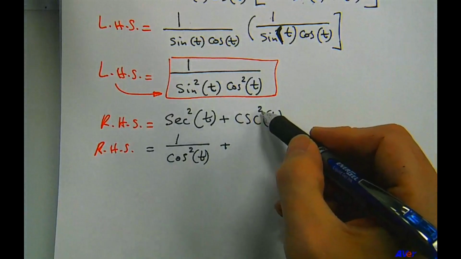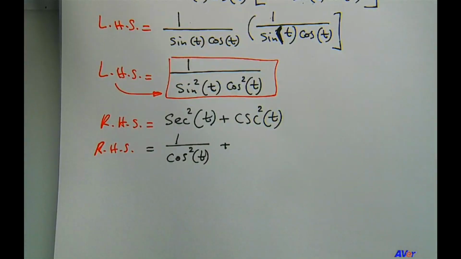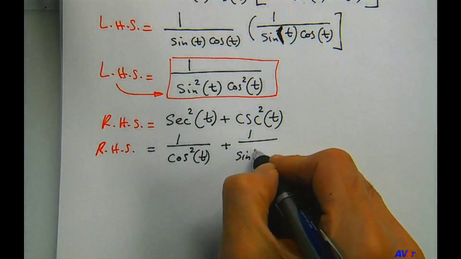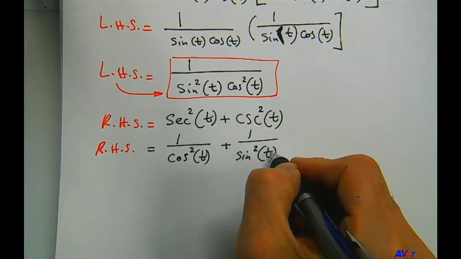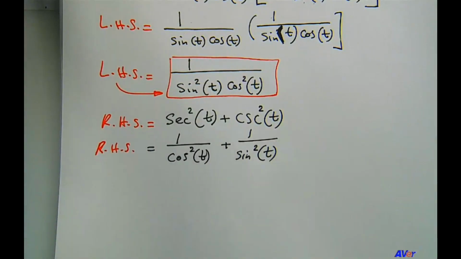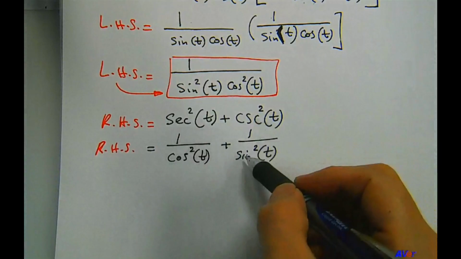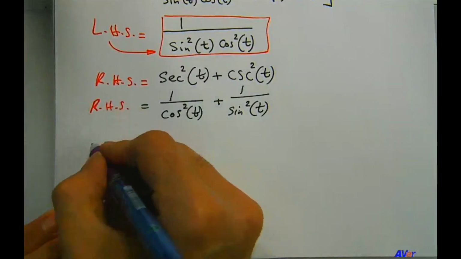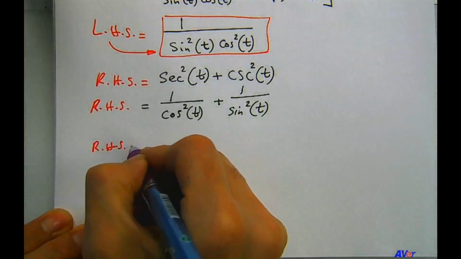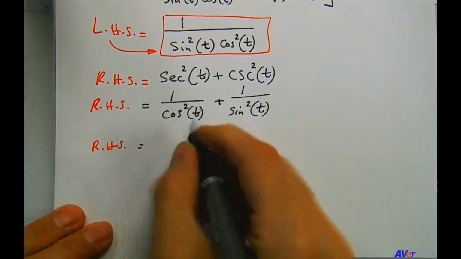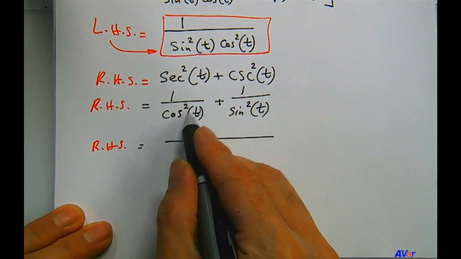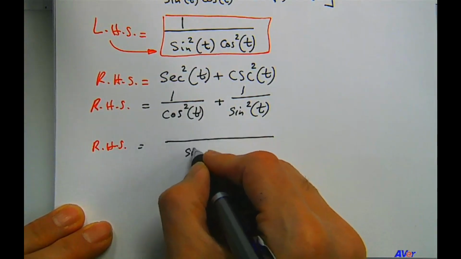So if this is squared, squaring 1 over sine t, it will be 1 over sine squared t. So let's take the common denominator here for the right-hand side. The common denominator would be sine squared t times cosine squared t.